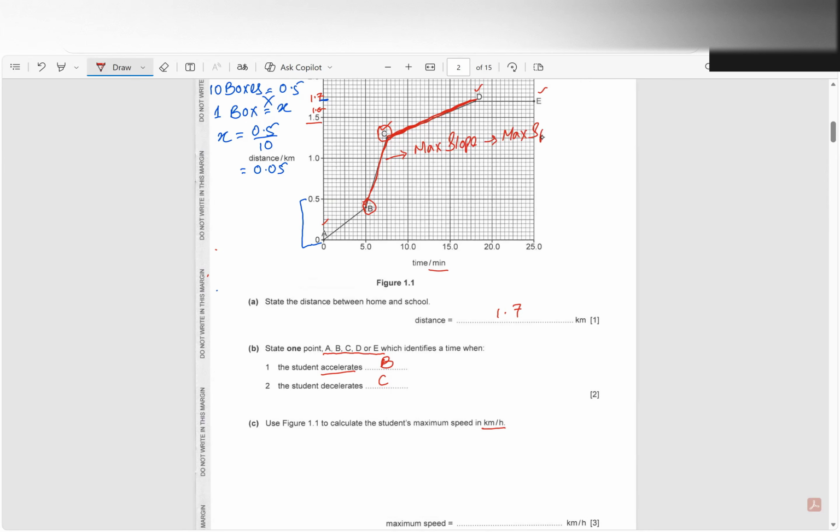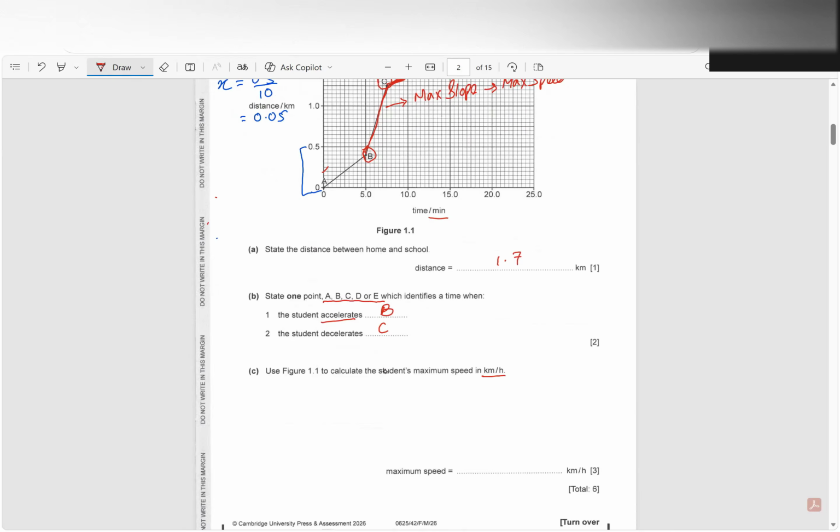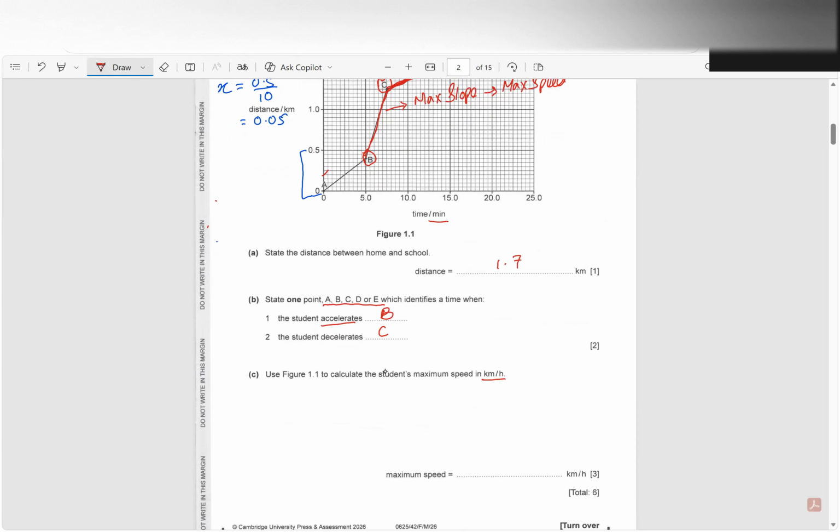Moving on. So now we have maximum speed over here, but how do we really work with the value? We can use rise over run, or we can simply use the gradient formula. We're going to say the gradient of a distance-time graph represents speed.